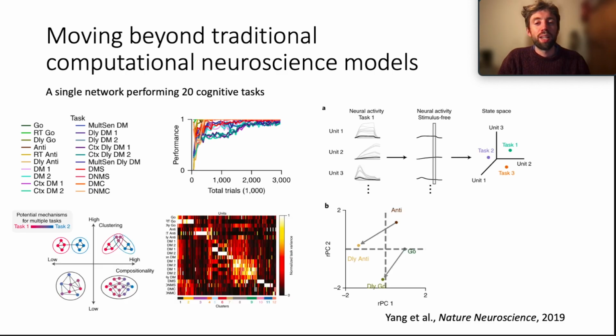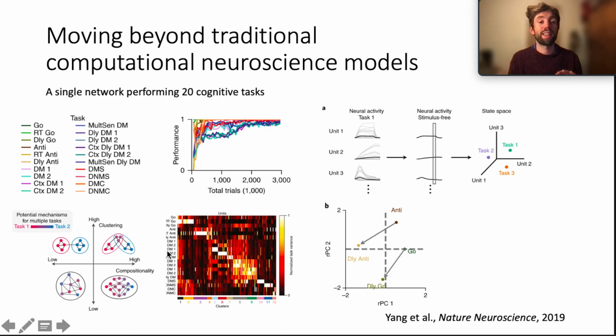And by using a neural state space analysis, similar to the ones we just saw previously, and analyzing neural activity across many of these tasks, they found that groups of neurons activated not for individual tasks, but for individual cognitive functions, such as neurons that responded to all of the tasks that required working memory, other neurons that responded to all of the tasks that required decision making.